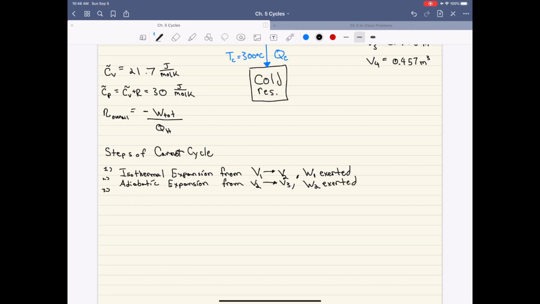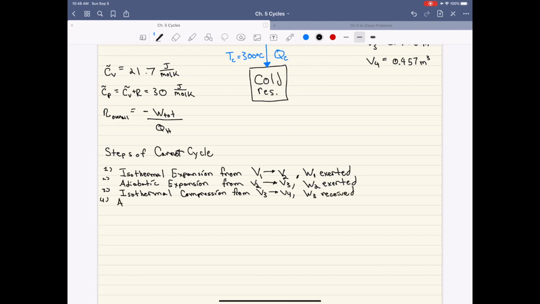In the third step, the gas is compressed isothermally, so isothermal compression from volume 3 to volume 4, and work 3 is received by the gas from the surroundings.